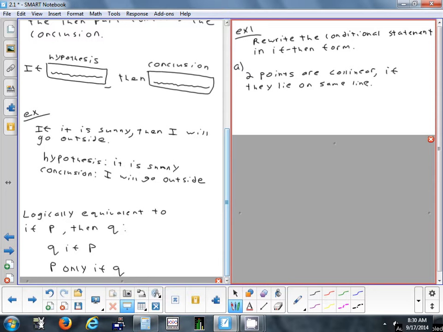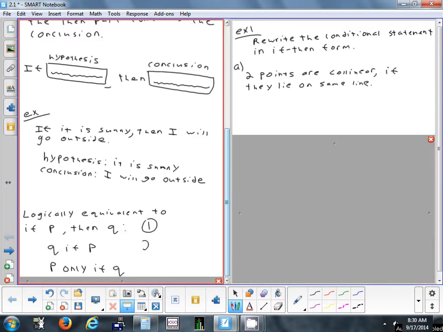Let's call these 1, 2, and 3. Which one is it most similar to? 1, 2, or 3? Our goal is to write it like number 1, so it's not number 1. It's either similar to 2 or 3. And if we can figure out which one, then we can translate it into if P then Q form.